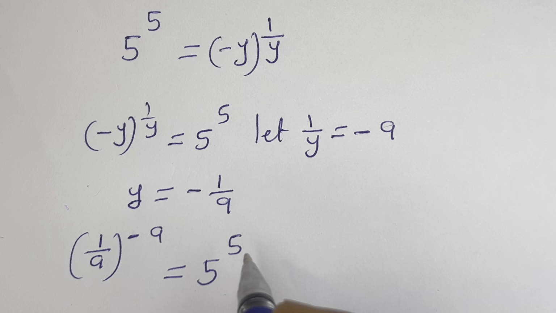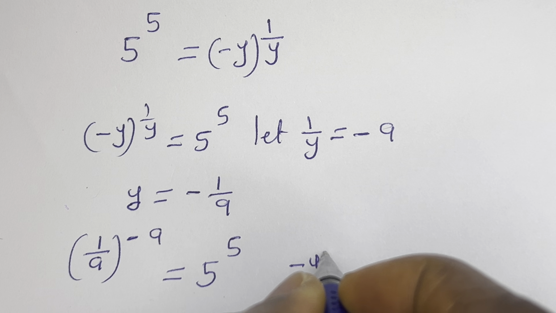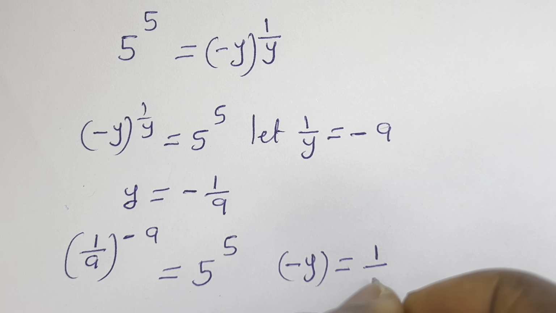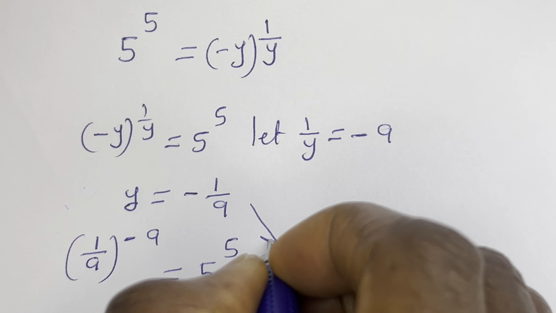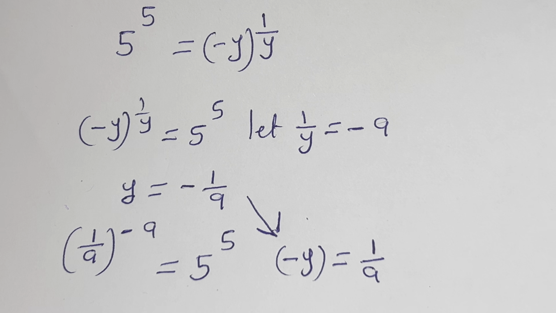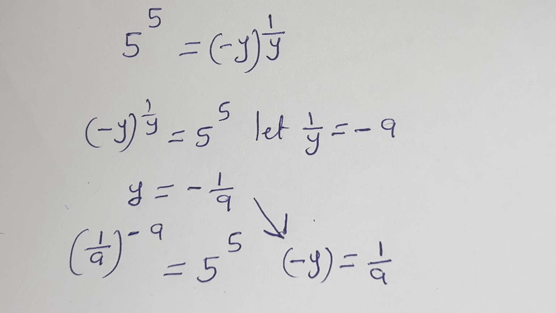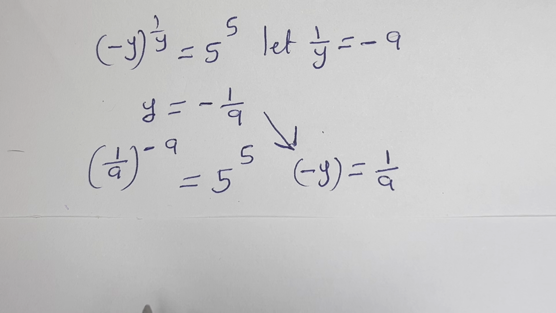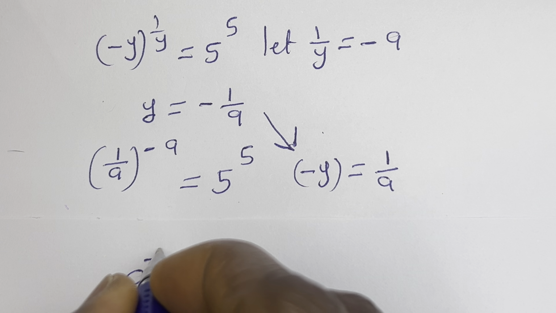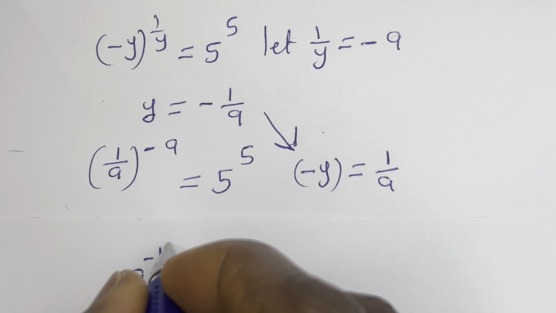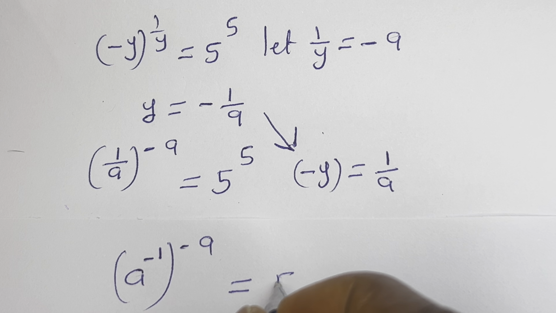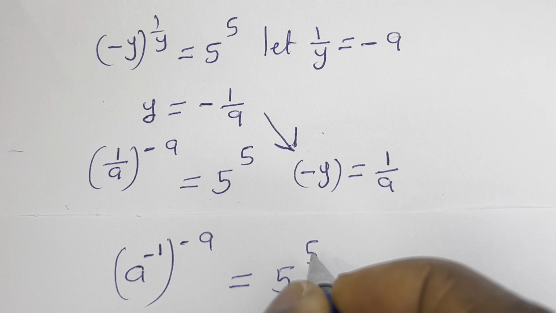Also note that here minus y cannot be written as 1 over a. That is, from here, then we have a to the power of minus 1, then to the power of minus a. This is equal to 5 to the power of 5.